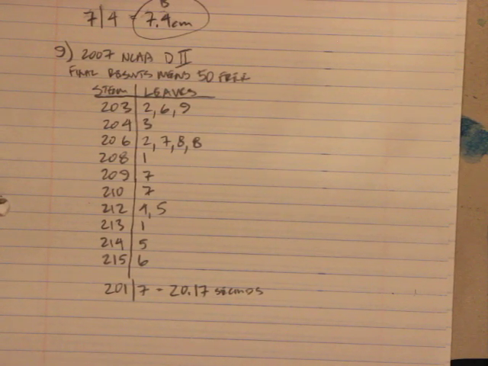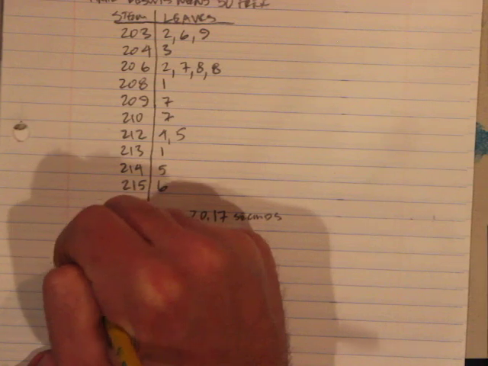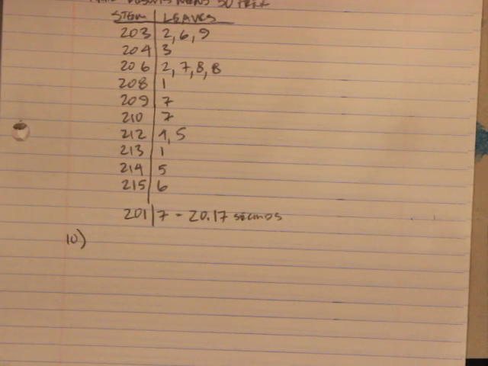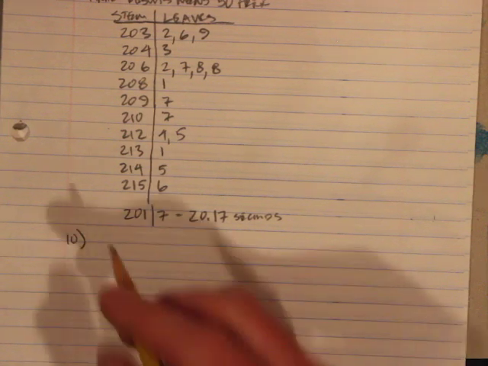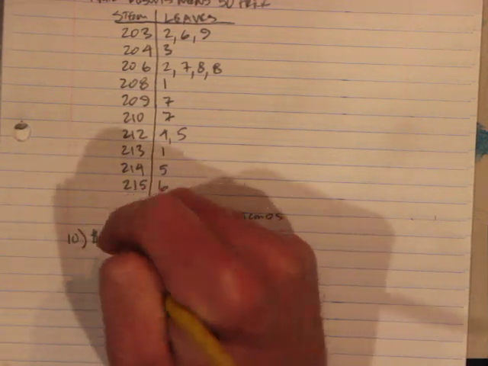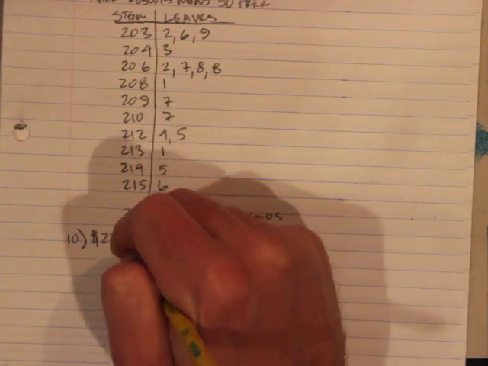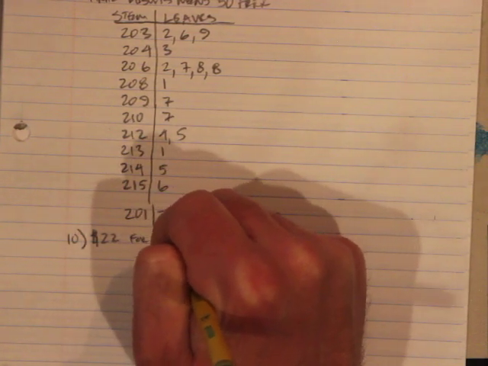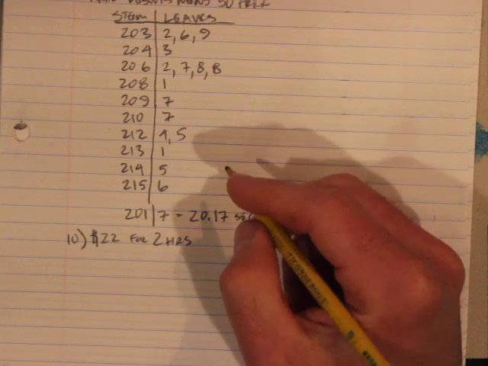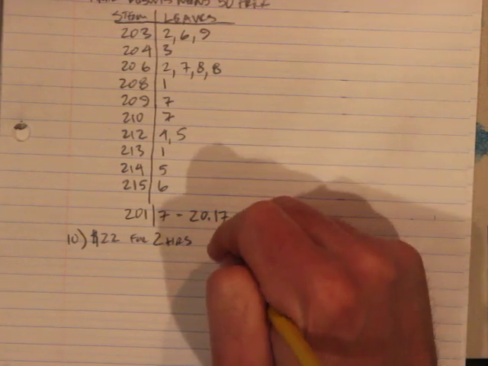Then we've got number 10. The cost of parking at a concert is $22 for the first 2 hours. And let's write that down here. $22 for first 2 hours, and then $4 for each additional hour.